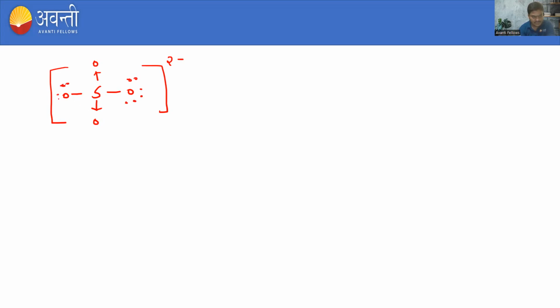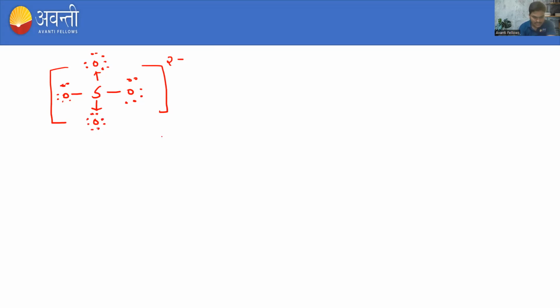Here also they have 6 electrons. So this is 6 electrons, and here 2, 4, 6, 8 electrons. Again here also 2, 4, 6 and 8.